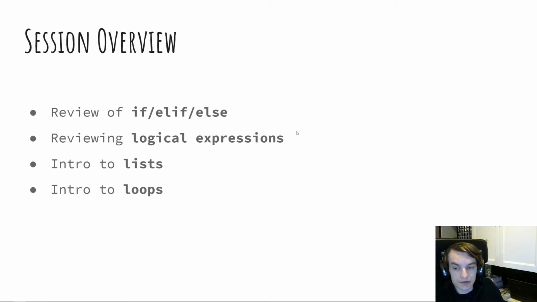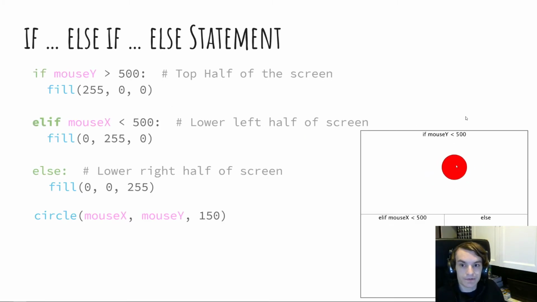With those out of the way, let's start our review of if, elif, and else. If, elif, else is a programming syntax and setup that lets us run one piece of code instead of any other piece of code. We can see on screen this particular example.